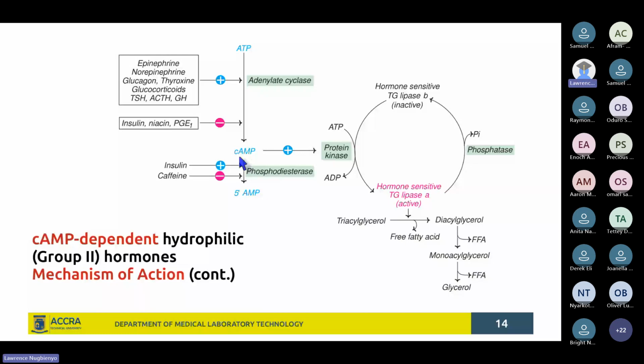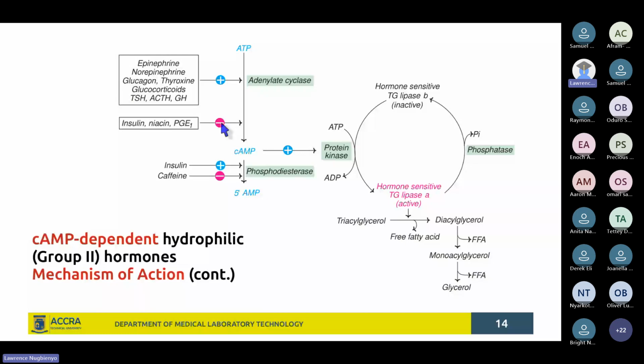Now you see the inhibitors of that process of activation that results in the conversion of ATP to cyclic adenosine monophosphate. You see insulin. Of course, insulin does the opposite of glucagon, so you see insulin there as an inhibitor.